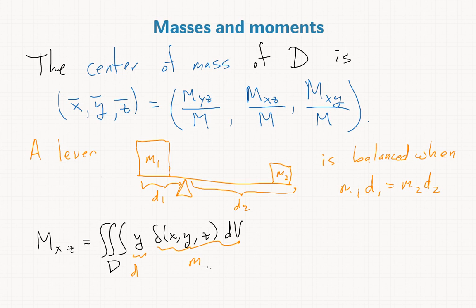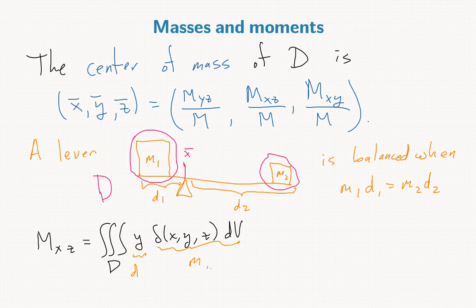So in this lever example, your D would really consist of both of these masses together, and then you'd be finding the x bar. So this would be the center of mass.